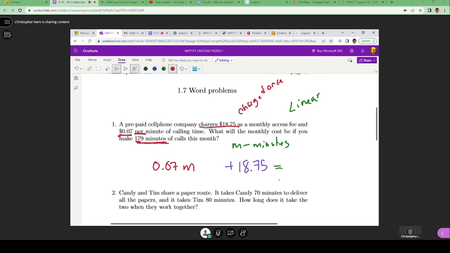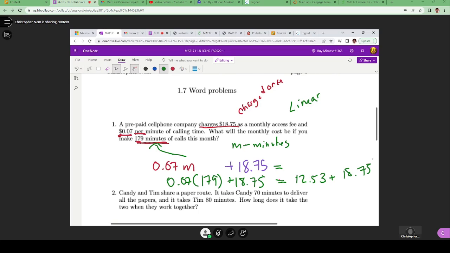The only thing left is, hey, we need to solve this, but I don't know what m is. Or do I? If I look over here, they tell you that there's 179 minutes. So I'm going to plug that in. And when you plug things in, make sure you use parentheses to notify multiplication. Plus 18.75. And if you calculate this out, this is going to turn into 12.53 plus 18.75.